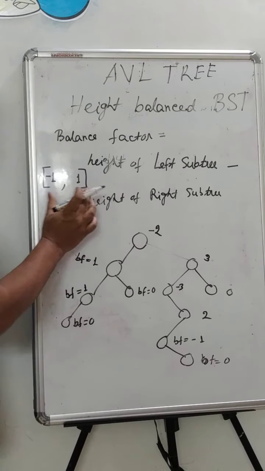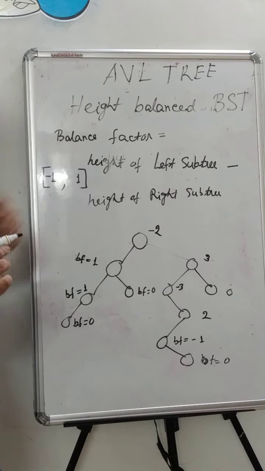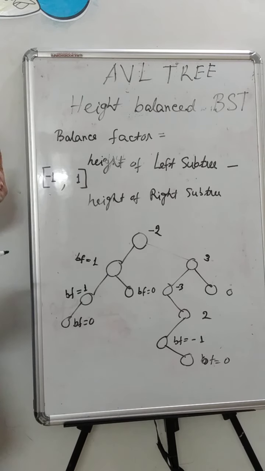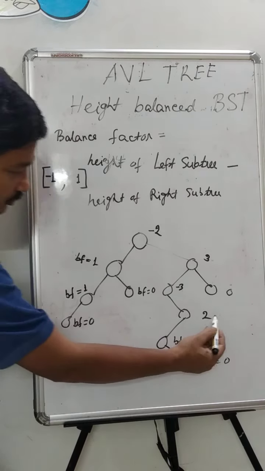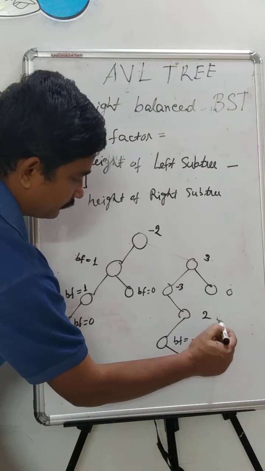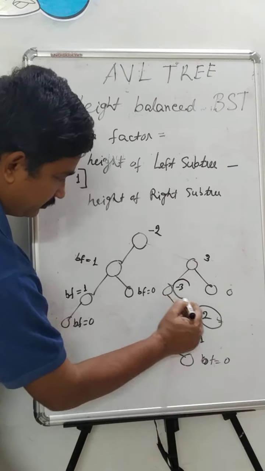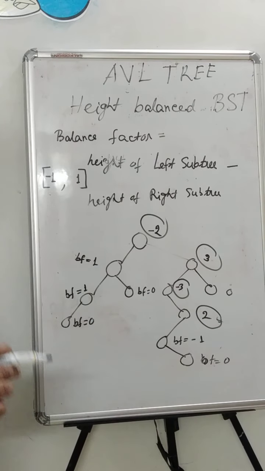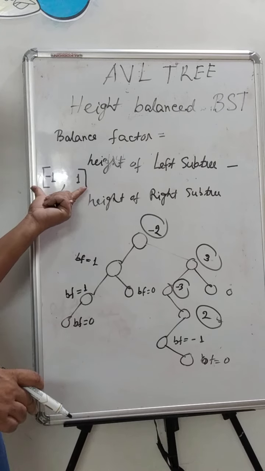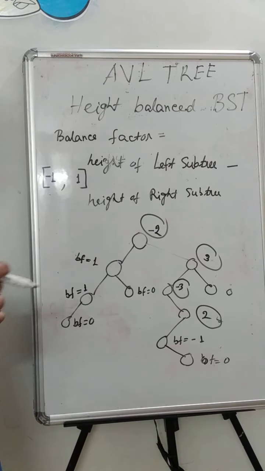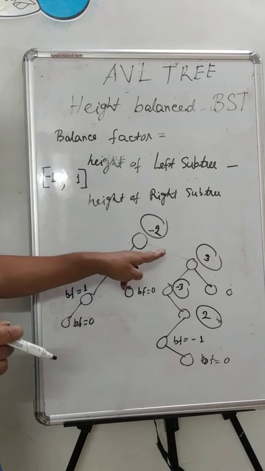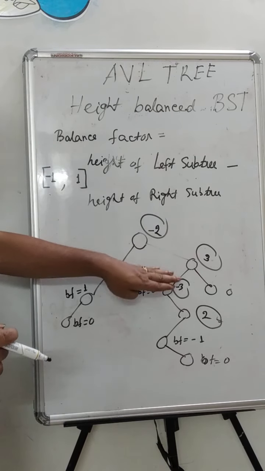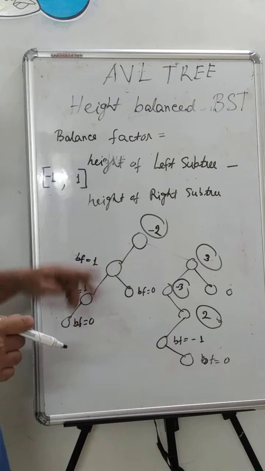In this interval, practically only 3 values lie. Now, in this example, these 4 nodes are not fulfilling the condition of this balance factor range. That's why the whole tree is not an AVL tree.